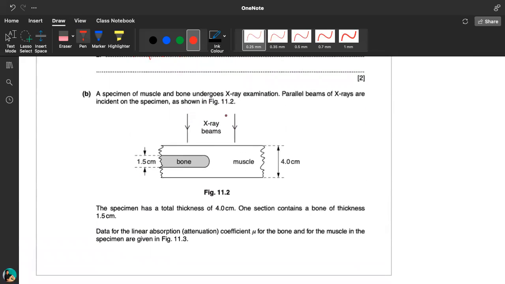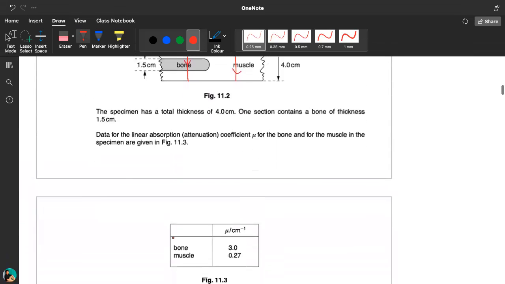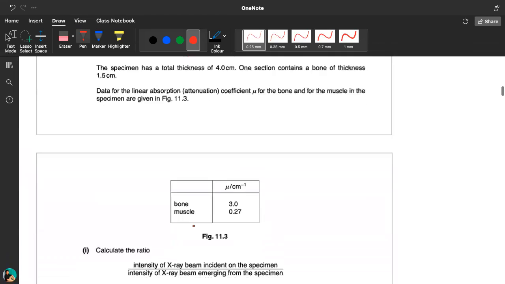Right, this one you incident the X-ray, one through the muscle only, another through muscle and bone. Thickness all given, linear attenuation all given, bone and muscle.